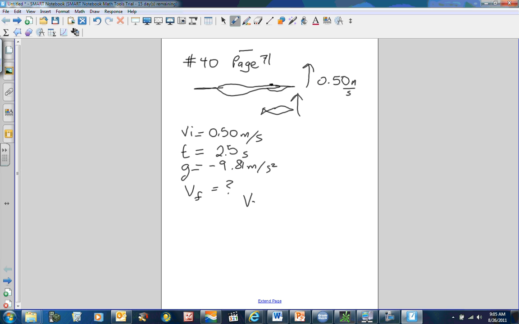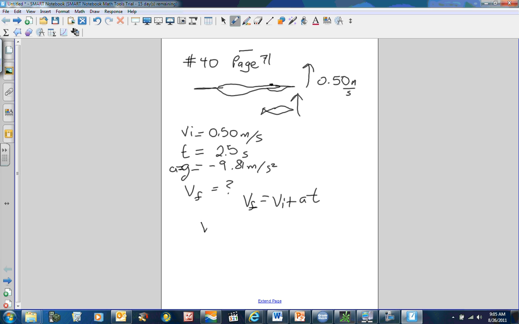But the equation we would use is VF equals VI plus AT, where A is equal to G. So in other words, the acceleration is G, not negative 9.81.